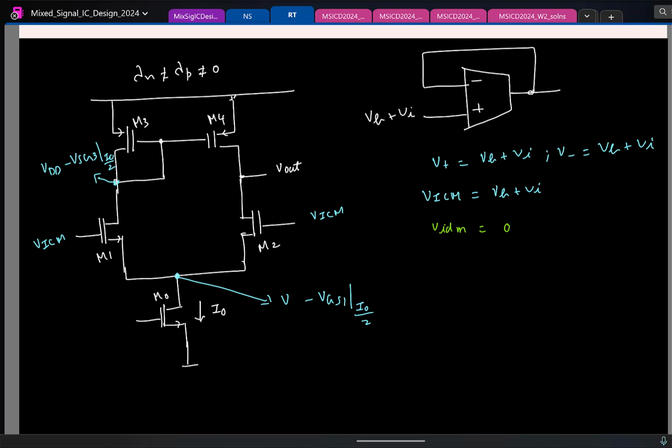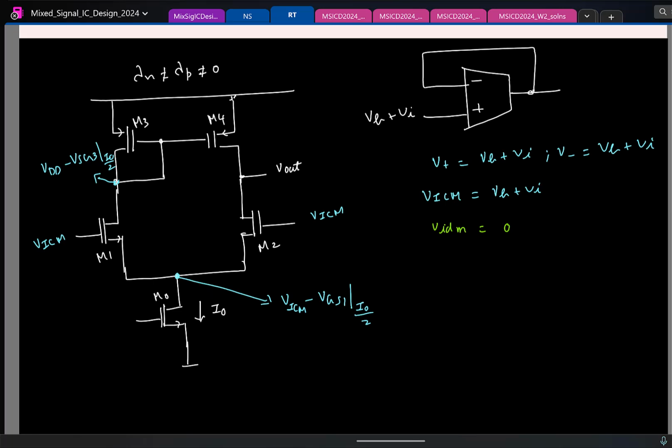So here this voltage is, I'll say VICM minus this. So if I keep reducing this VICM, what can you say about this potential? That will also drop. So if I keep reducing this, this will also reduce. So which transistor can go out of saturation? M0. So what is the minimum voltage I can have here?